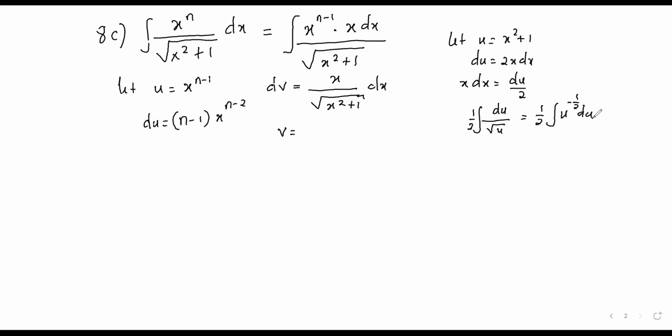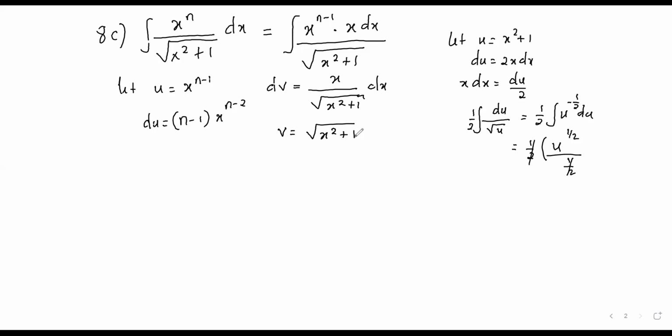So what will be the integral? It will be half. When you add the 1, it goes back to half, over half. So these cancel each other. So we're going to get the root of x squared plus 1 as our v.